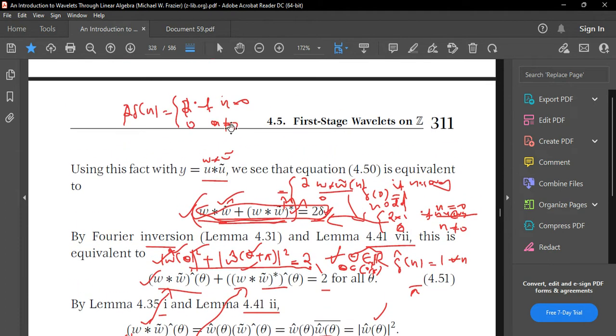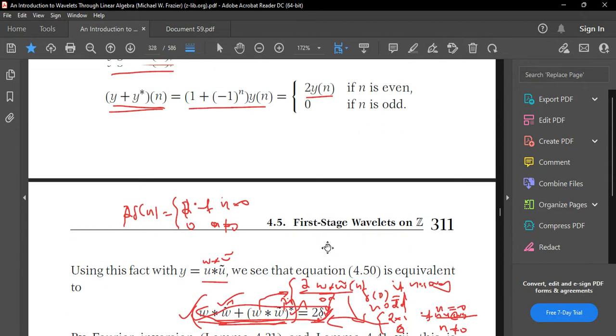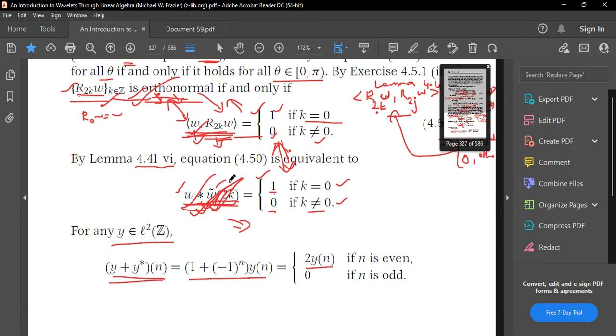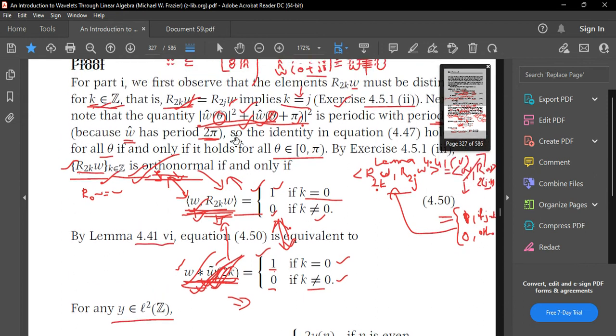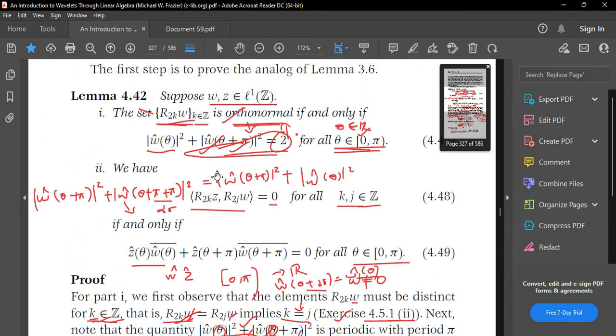From this quantity we can write this quantity equal to this one, and right hand side will be 2 delta. Connecting these two, we can write w star w tilde of 2k is equal to 1 if k is equal to 0, and if k not equal to 0, it will be equal to 0. This one is equal to this one, and from this one we can prove it is orthonormal. So the converse side is also true.